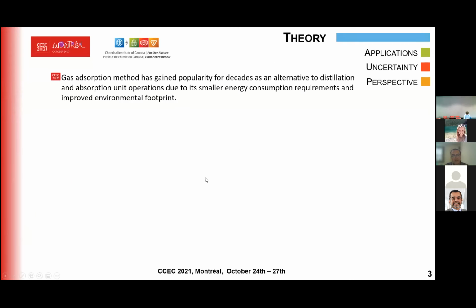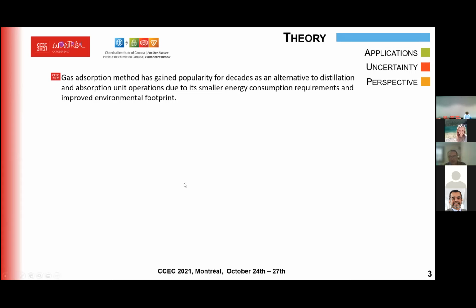So as an introduction, gas adsorption has been studied and has been gaining popularity as an alternative to the conventional distillation or cryodistillation as well as absorption operations that are right now in use, and that's because of its smaller energy consumption and also improved environmental footprints.